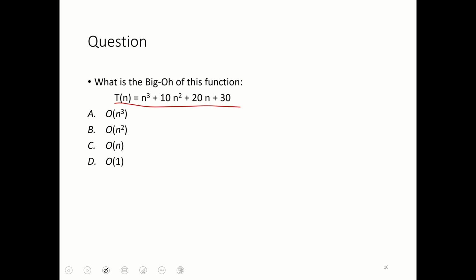Those things have to be ignored or removed. Then the only thing left is the big O notation. I will talk about this question in the last video as well.